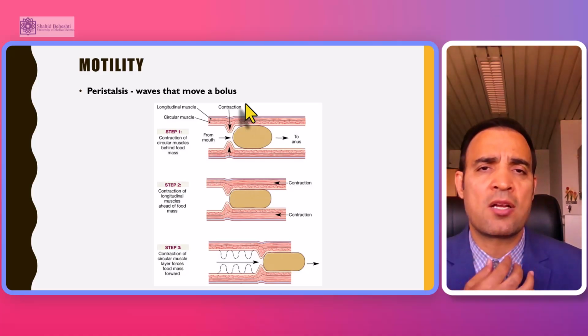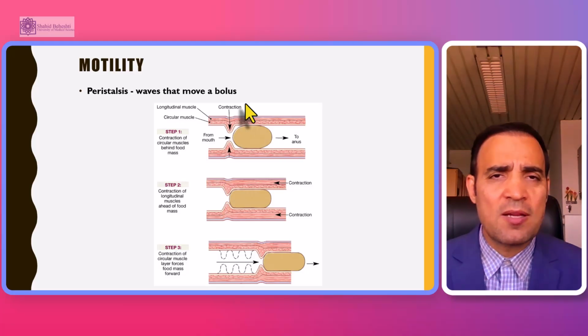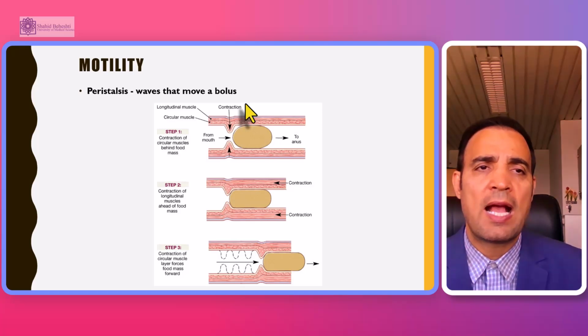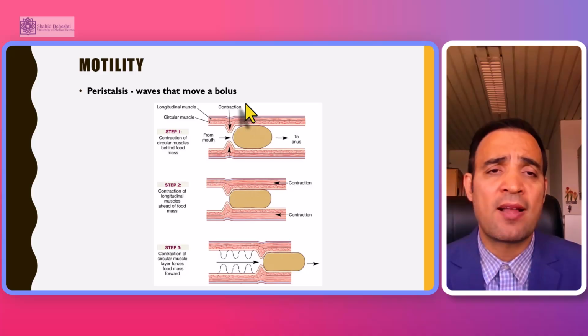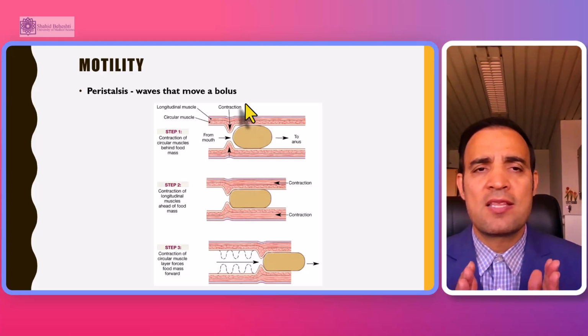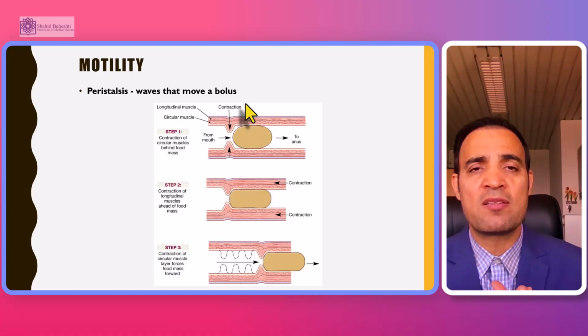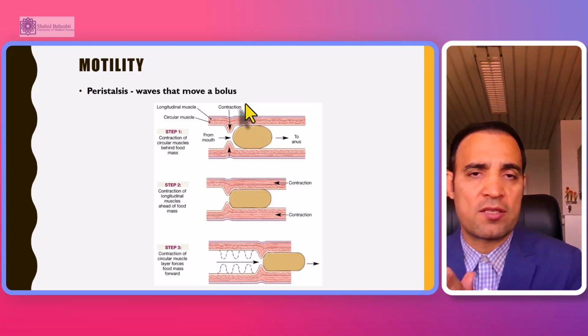They could be seen in the esophagus, in the small intestine, in the large intestine, but with some differences. One of these general movements is named peristalsis. Peristalsis means the wave movement that pushes the bolus of food forward.